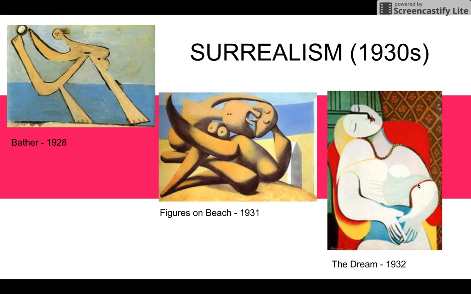So one of the more common periods that Picasso is known for also is Surrealism. Now, Surrealism took place in the 30s, and his period of Surrealism was inspired by a muse, and this muse, her name was Marie-Therese Walter, and a closeness of a friend of his named Andre Breton, excuse me.